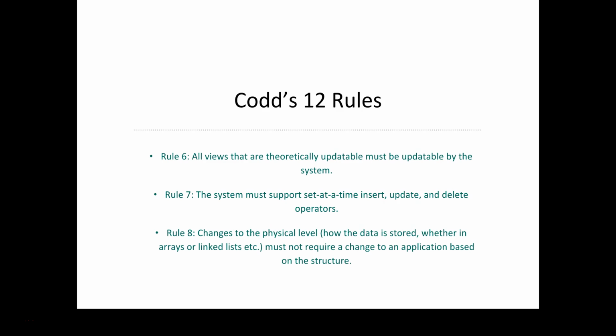So when the underlying data structure changes, it should not affect the applications that still use them. No matter what underlying data structure is used or how the data is stored, I should still be able to get the data using SQL, either interactively or from my applications.